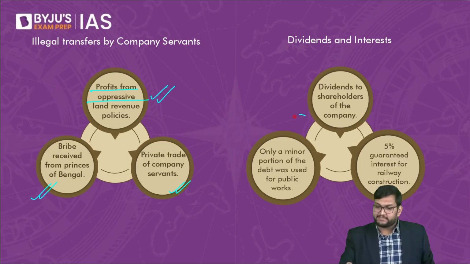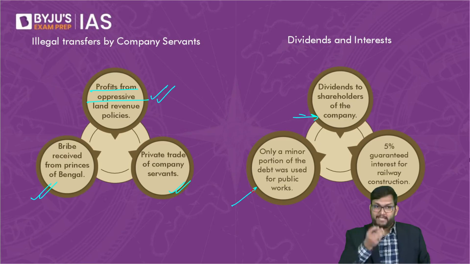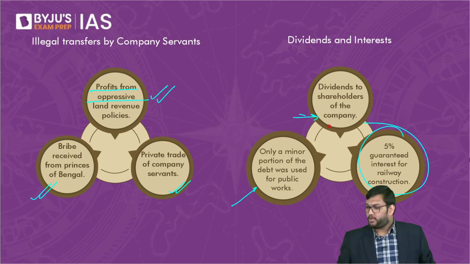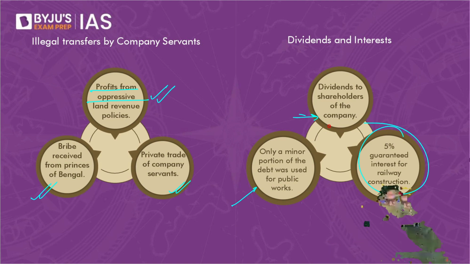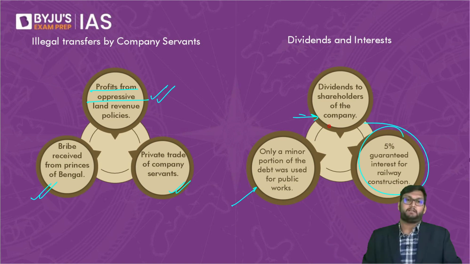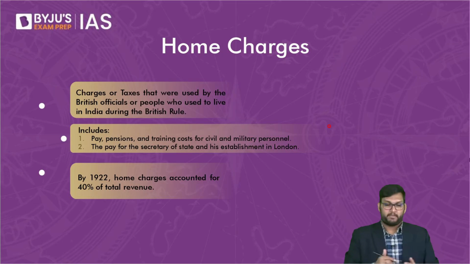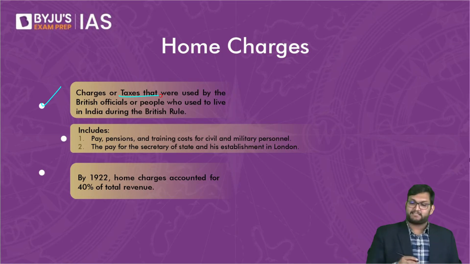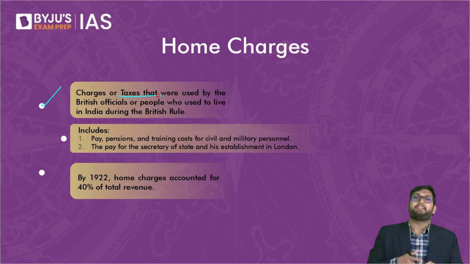Then it is the dividend to shareholder, any debt which was produced in India to make anything, and 5% guarantee on railways. All of this is technically the drain of wealth. It's a channel of drain of wealth. Then the worst of all was home charges. Charges or taxes that were used by the British officers who used to live in India.